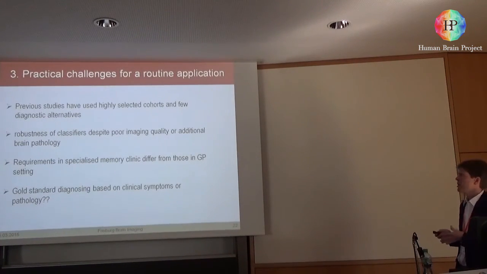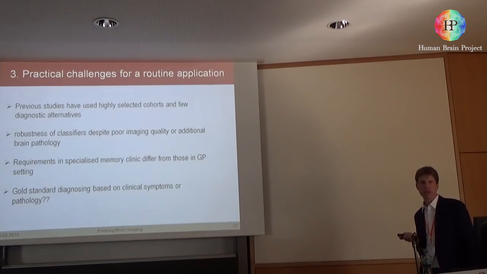So to conclude, where I think the remaining challenges are, so far the majority of studies have focused on highly selected cohorts, you know, designed for treatment studies and very different from the clinical routine.